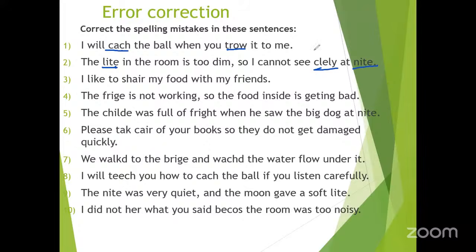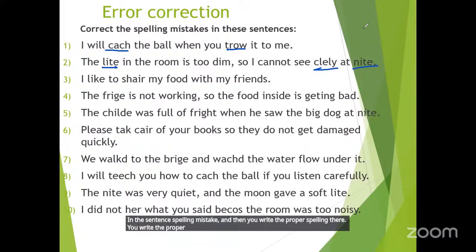As you write, just dictate the mistakes. You are the dictator. Dictate the mistake in the sentence, especially spelling mistakes, and then you write the proper spelling where there are wrong spellings.